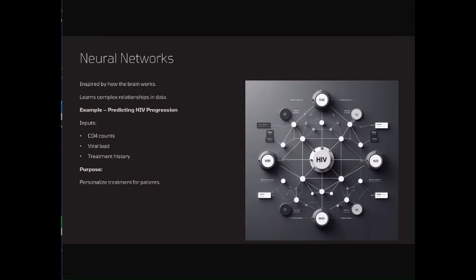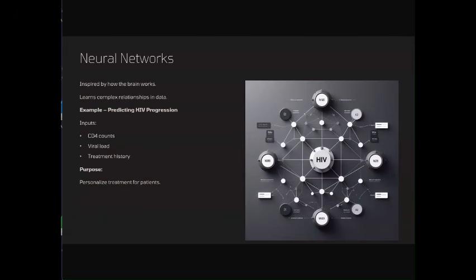So the neural network, you probably would have heard of it. For some, it's inspired by how the brain works. Okay, so it's a neural network, meaning that the algorithm has the capacity to learn from complex relationships.